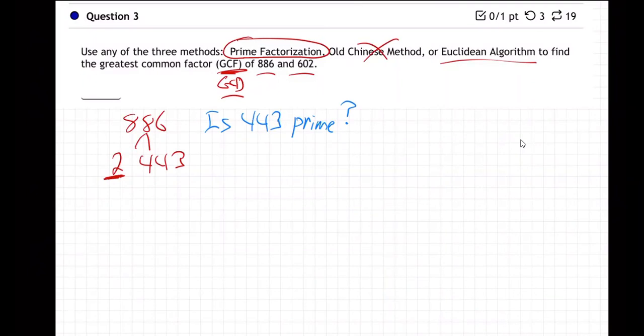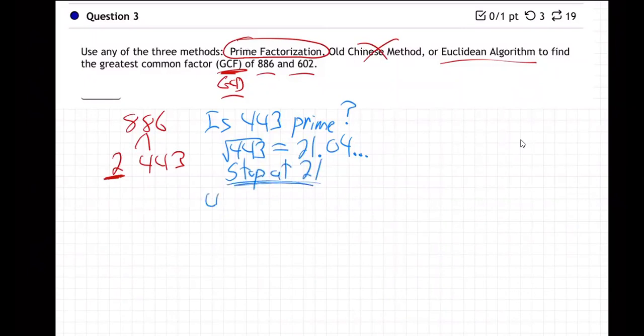Isn't it if you get the square root of the number and then you divide by 2, 3, 5, 7, and so on until you reach that number? Excellent. Exactly, right? To find out if it's prime, we got to take the square root, which is 21 point whatever, which means we got to check all the numbers up to 21, huh? We can stop at 21.